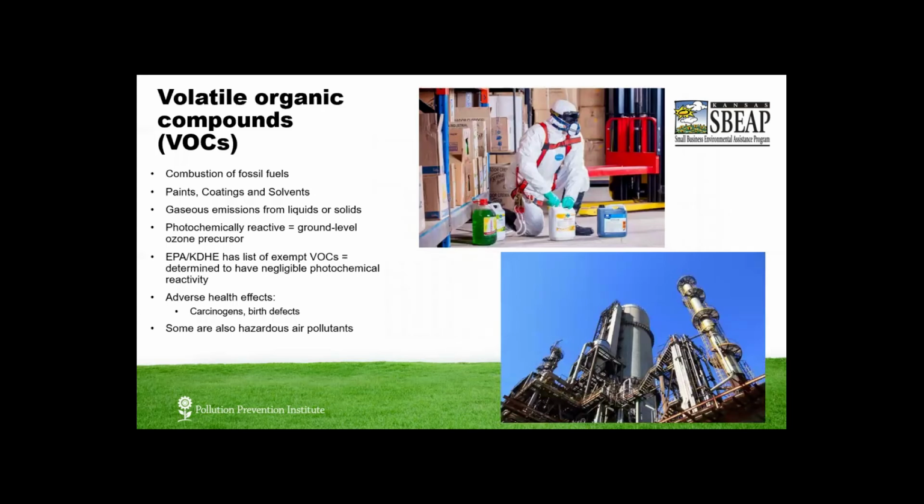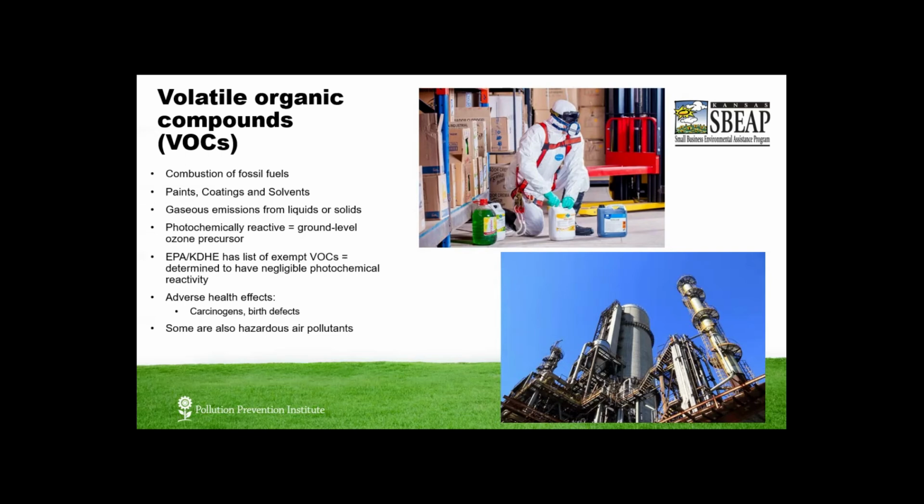The second group of pollutants are volatile organic compounds, or VOCs. VOCs are defined by EPA and KDHE as any compound of carbon which participates in atmospheric photochemical reactions. This includes most organic compounds or hydrocarbons, except those specifically identified by EPA and KDHE as having negligible photochemical reactivity.